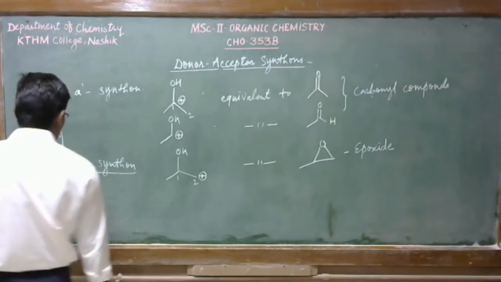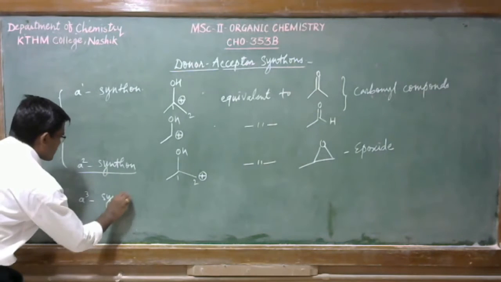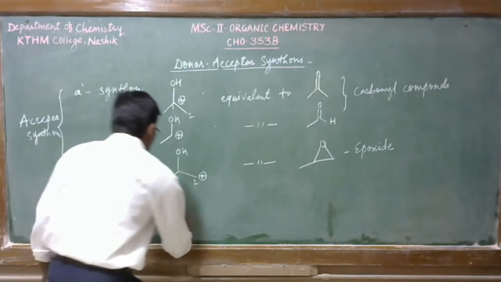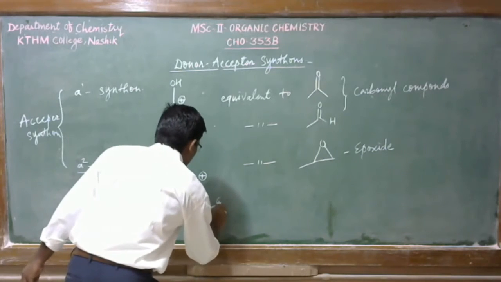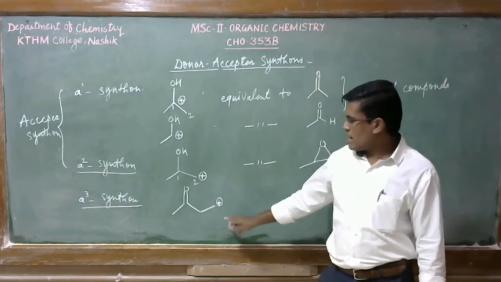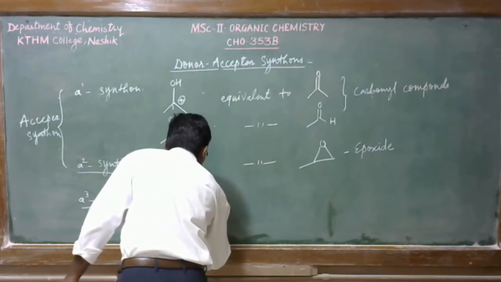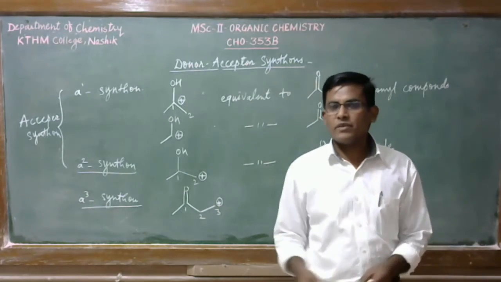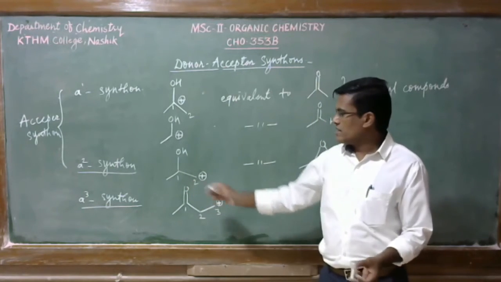So we have one more synthon, that is the A3 synthon. For example, in this A3 synthon, the plus charge is at the third carbon. The charge is present at the third carbon with respect to the functional group, that means it becomes an A3 acceptor.